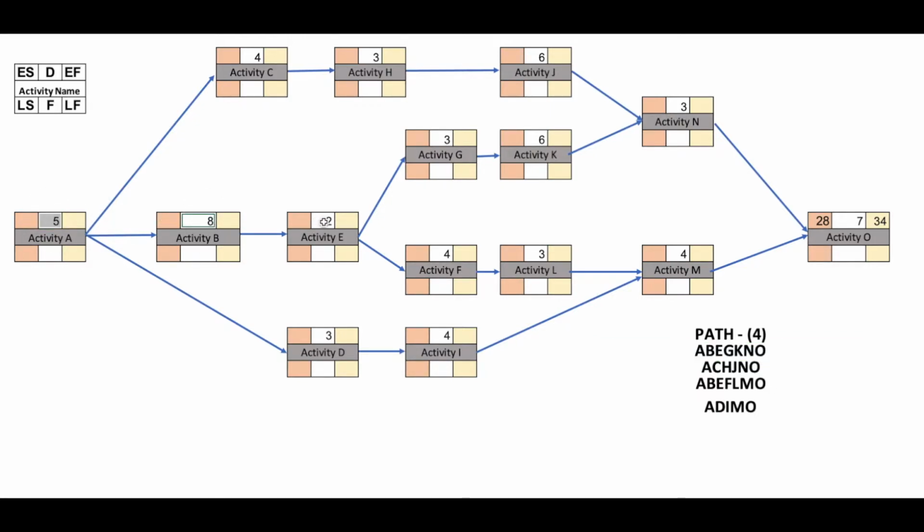Let's find out which one is critical. We have to sum all the durations in all the activity paths, so we will find out which one is the longest path. The first one is A, B, E, G, K, N, O, and this totals 34 days.